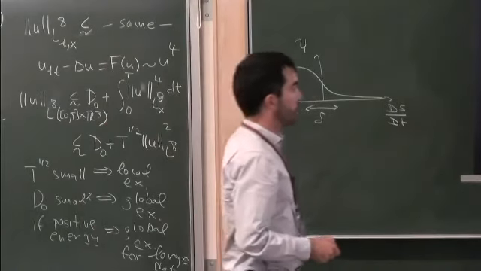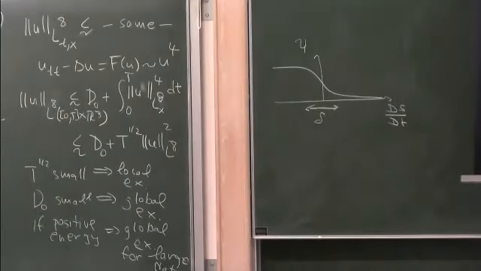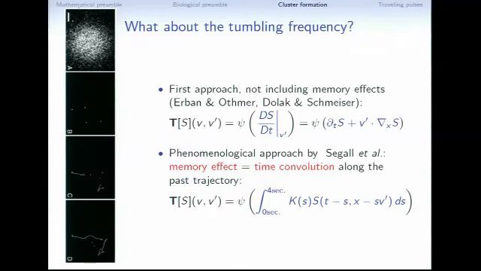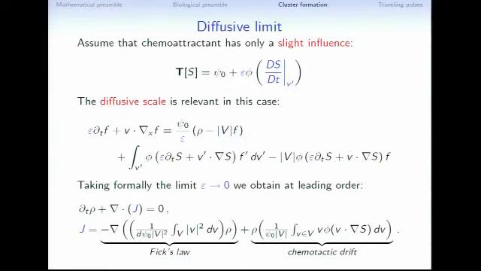You have other choices, and I will not comment on them, which are more relevant, which take into account the inertia, somehow the memory effect of the bacteria. So when the tumbling frequency psi is a basal rate, let's say psi naught, plus a small perturbation where chemotaxis is acting, in this case you can perform a diffusive limit.